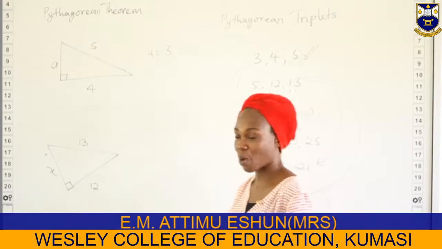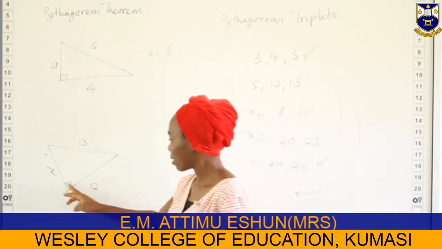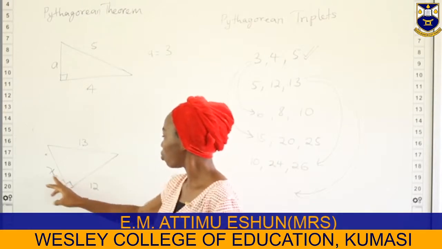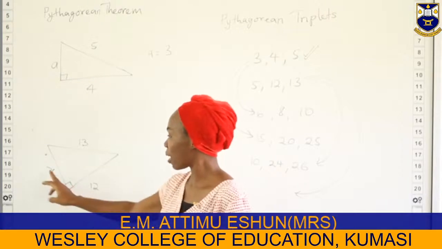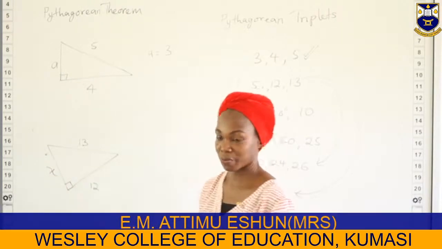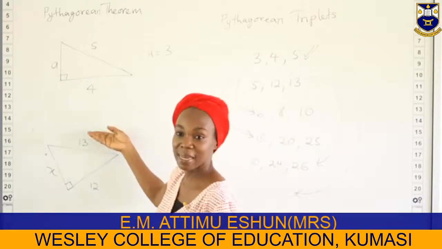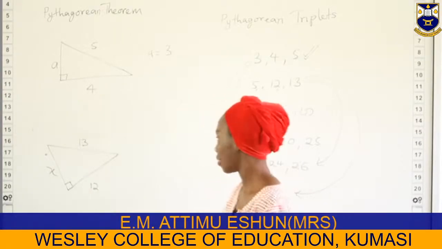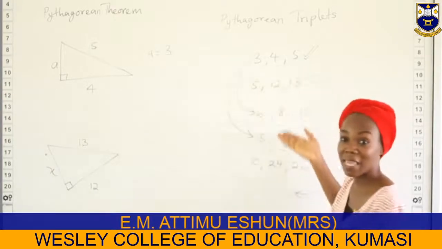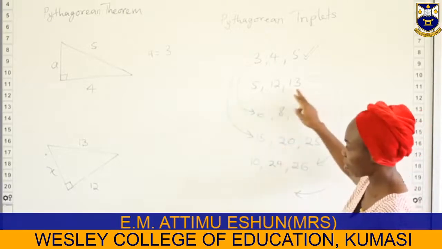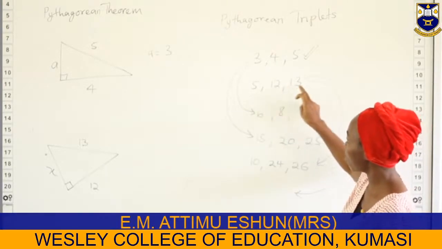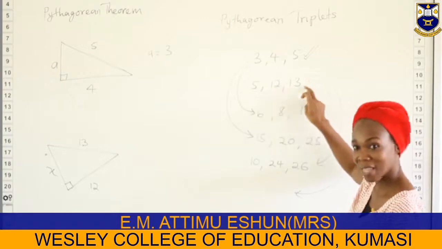Coming to the second one, our right angle triangle has the two legs with values x and 12. The hypotenuse side has a length of 13 units. And so, checking again from my Pythagorean triplets, we have a combination 3, 12 and 13.